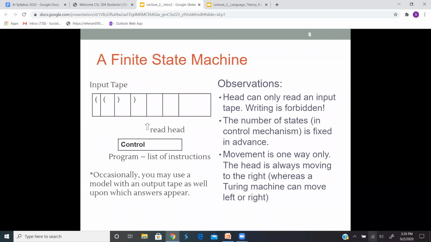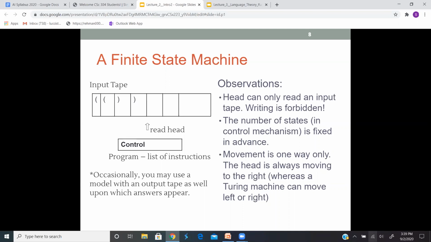So for a finite state machine, your input tape, and I see a left parenthesis, okay? And there's a read head. And notice there's 1 symbol per cell. We call those little square cells, C-E-L-L, just like the trillions of cells you have in your body.